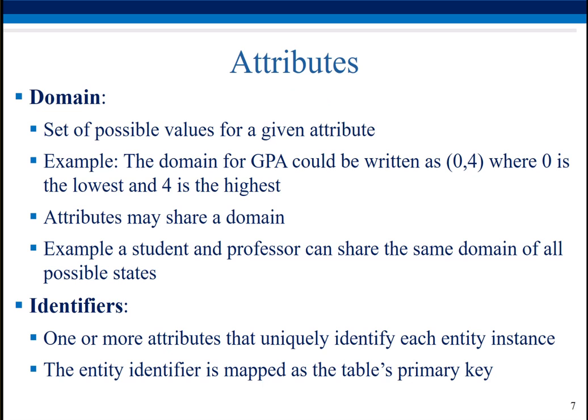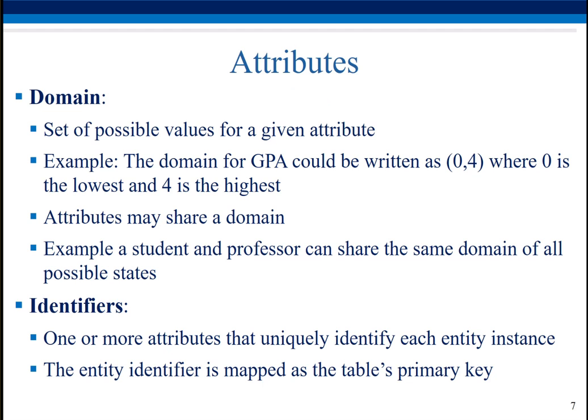An attribute domain, another definition, is a set of possible values for a given attribute. For instance, a phone number has to be numeric. You can't have ABC3. And yes, I know the old exchanges had that, so we have to take that into consideration. However, a GPA can only be between 0 and 4. 4.0 is the highest and 0 is the lowest.